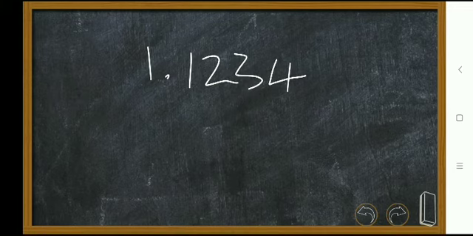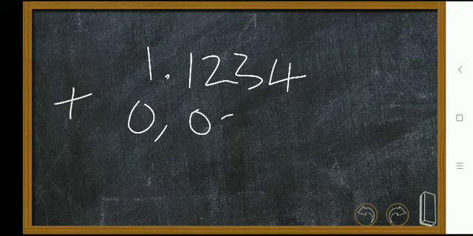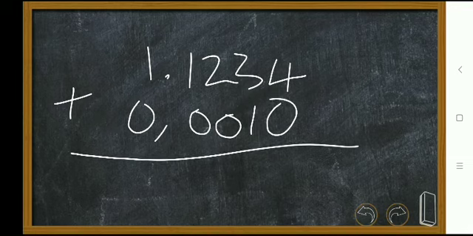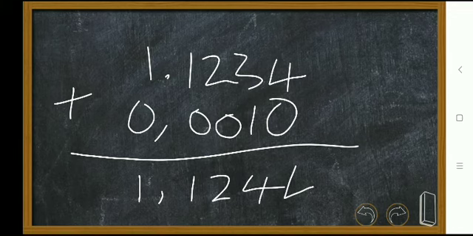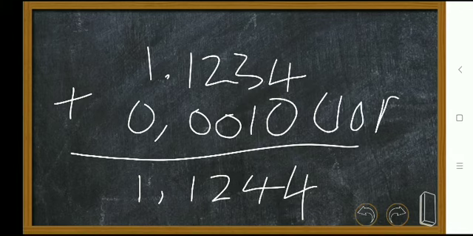What you will do is add 0.010. It will give you something like this, 2, 4, 4. This is 10 pips, guys.